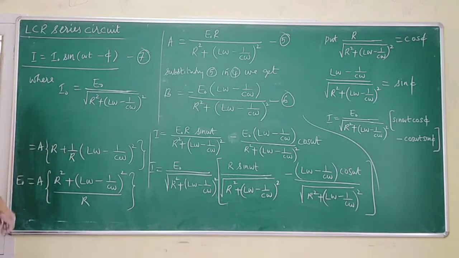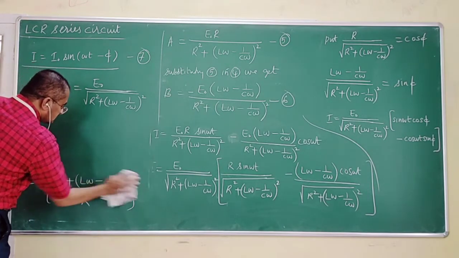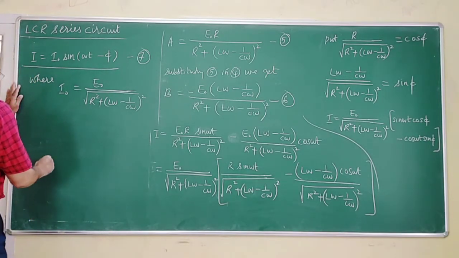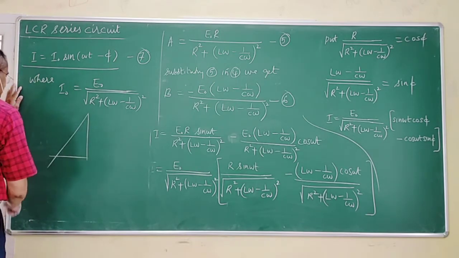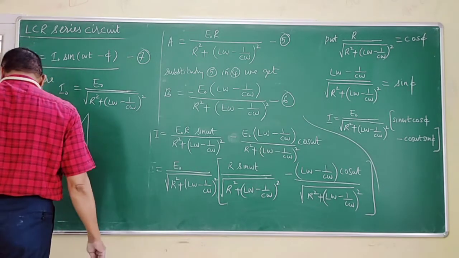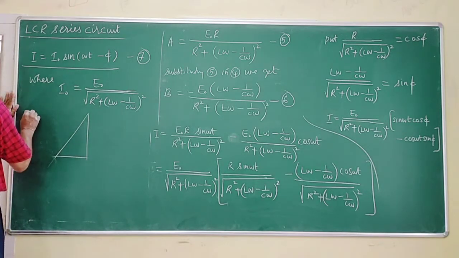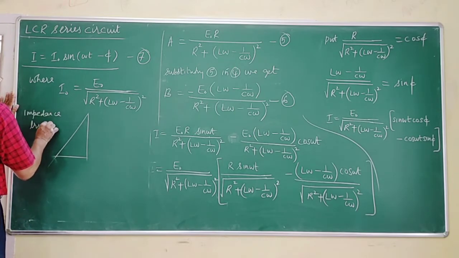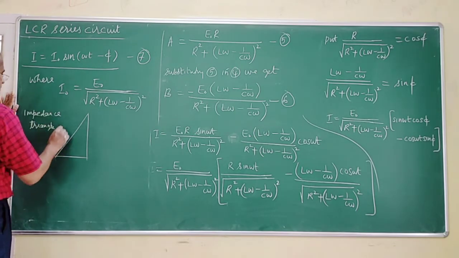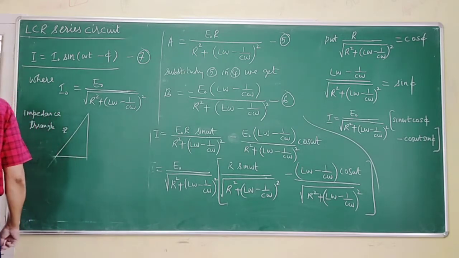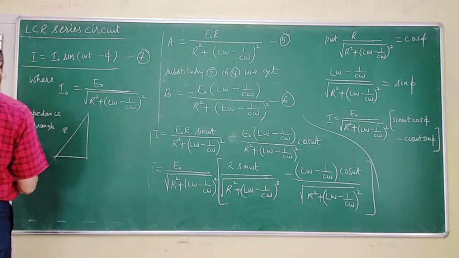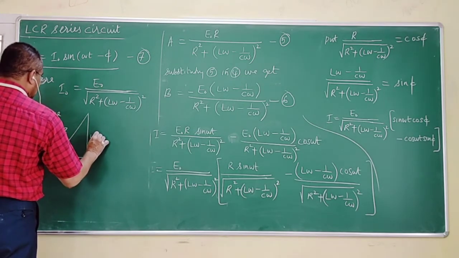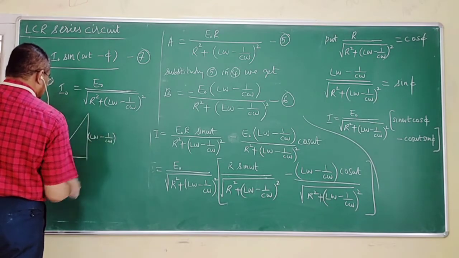Now, if I draw an impedance triangle, I call it the impedance triangle. This will be Z, this will be R and this will be L omega minus 1 by C omega.